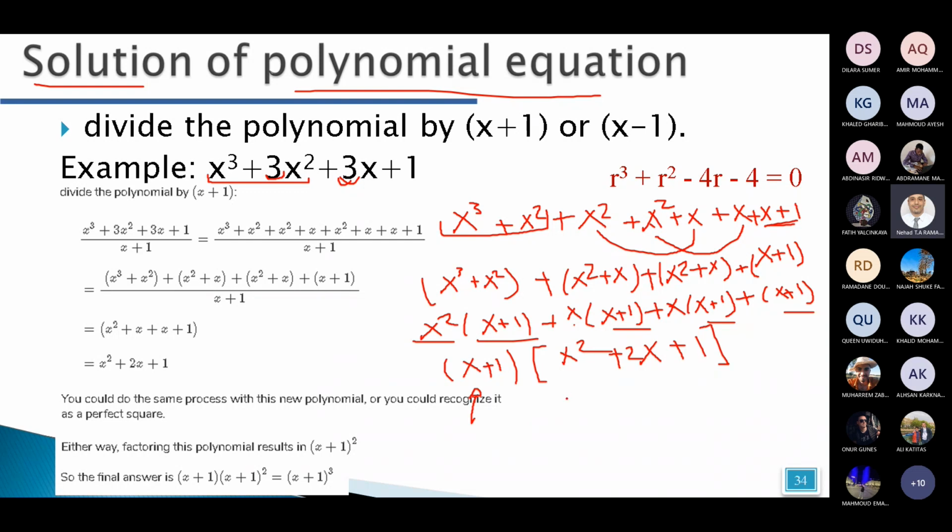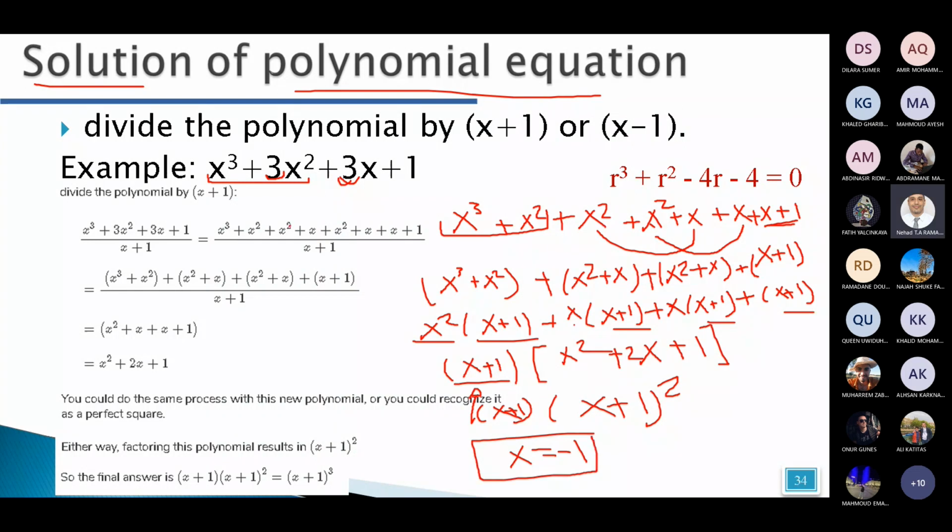It's a perfect square, by the way, which has its solution x plus 1 power 2, because it's a perfect square. And here x plus 1. So at the end, we have only one solution here, because x plus 1, x plus 1. So the solution is x equal minus 1.